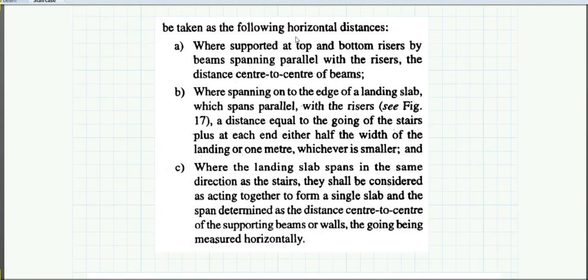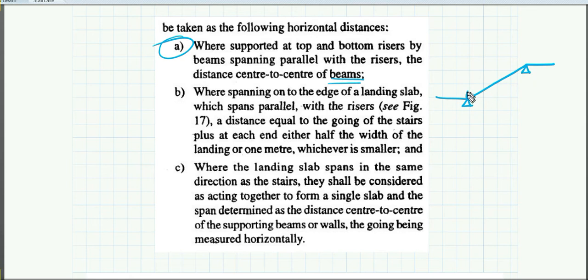Now let's go into detail. So how do we find out the effective length? Condition A: where the stair is supported at top and bottom risers by beams spanning parallel with the riser, the effective span is the distance center to center of the beams. Suppose the flight is something like this, with support over here and over here.